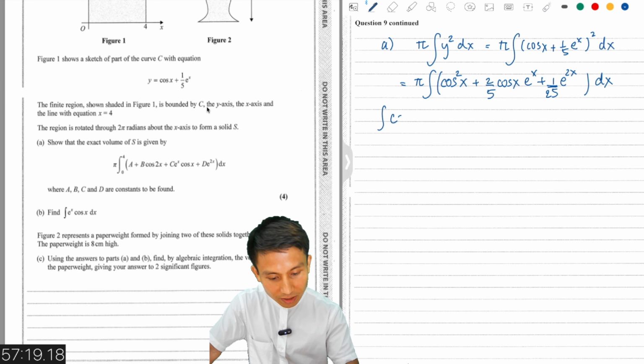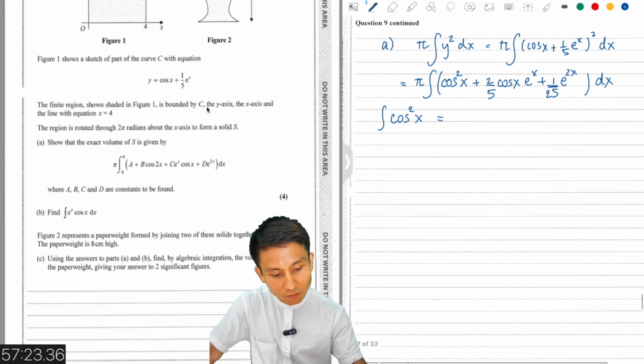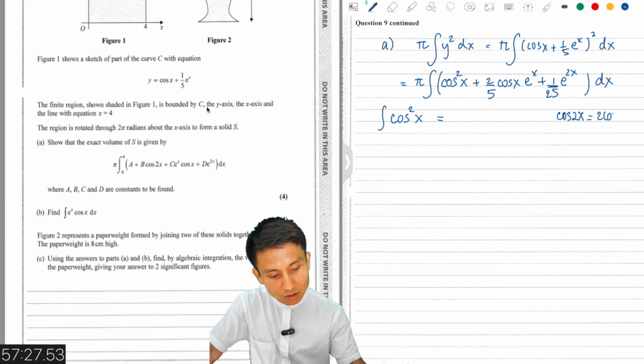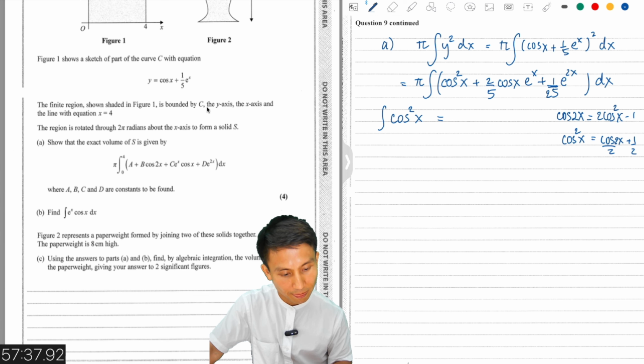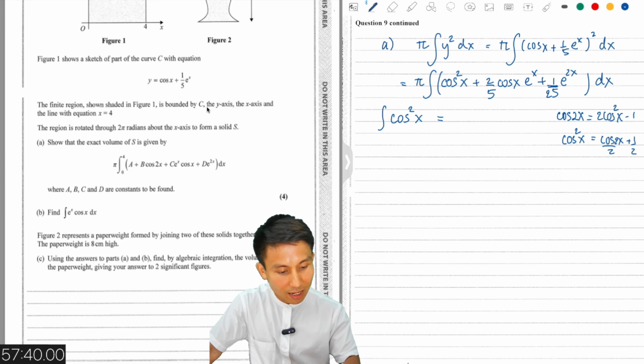So integrate cos squared x. We're going to use the double angle formula. So cos 2x is just 2 cos squared x minus 1. So cos squared x will just be equal to cos 2x over 2 plus 1 over 2, right? So integrate that, we get integral cos 2x over 2 plus 1 over 2 dx.